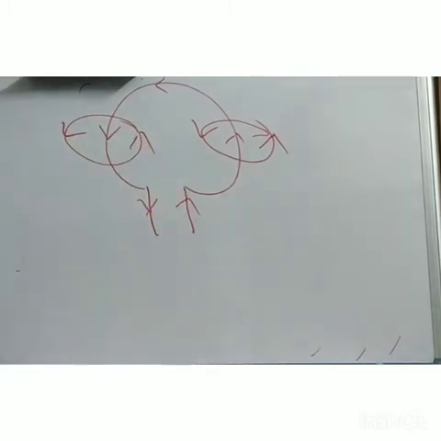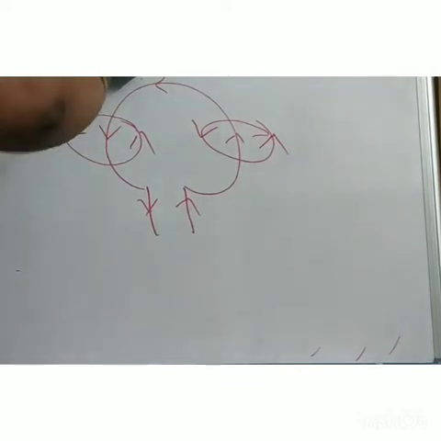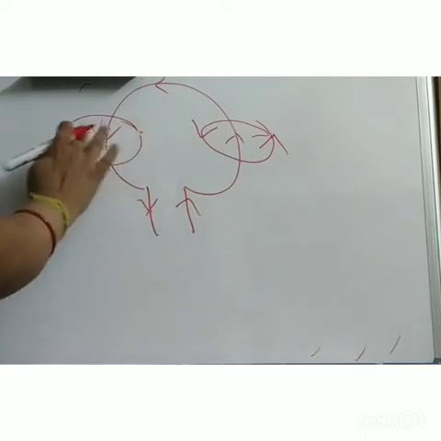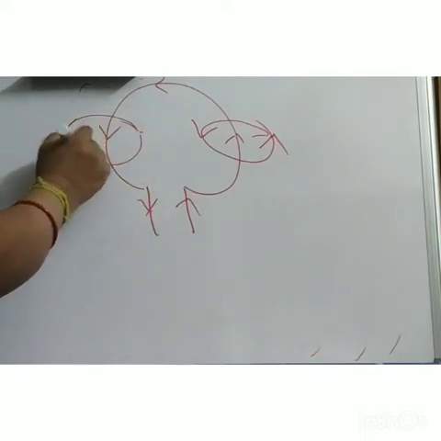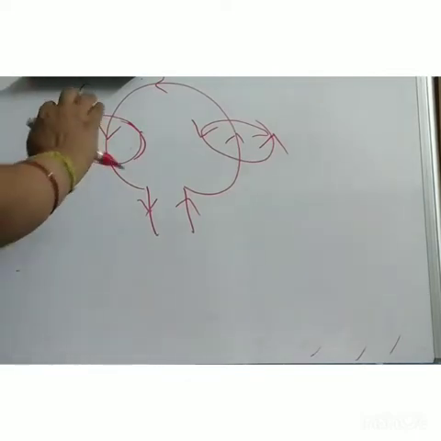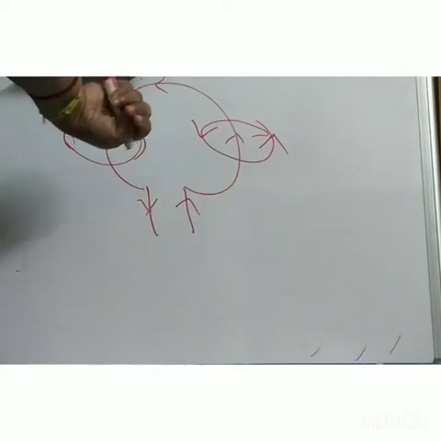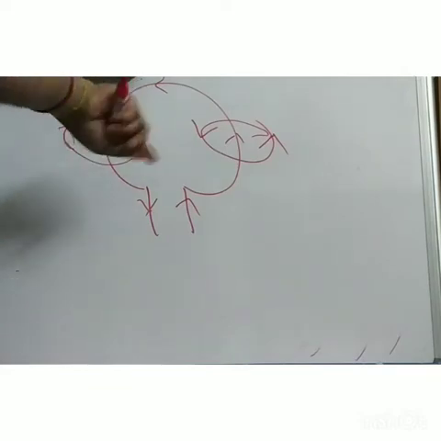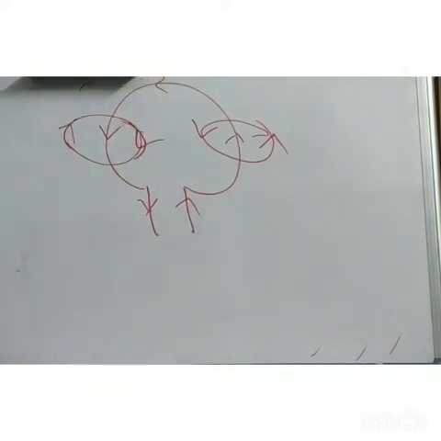Am I correct? No. It is coming out, no? So like this, opposite. It will be just reverse. It is like this. So here it is going inside. Here it is going inside. Like this. And here it is coming out.